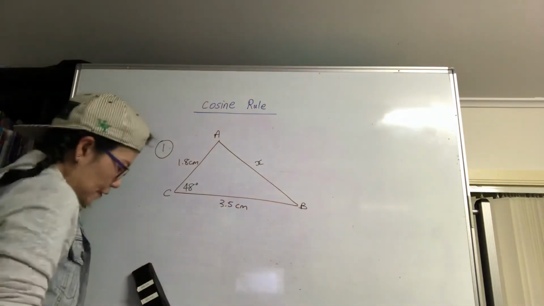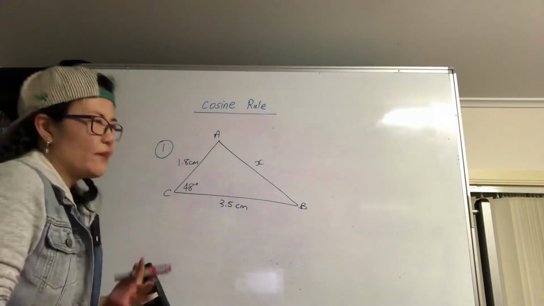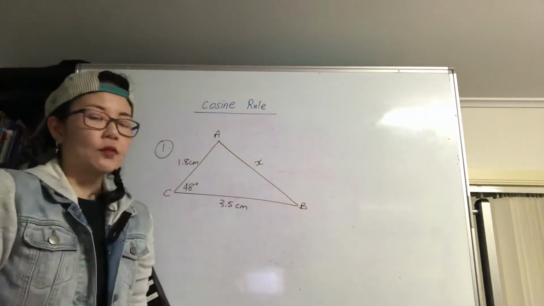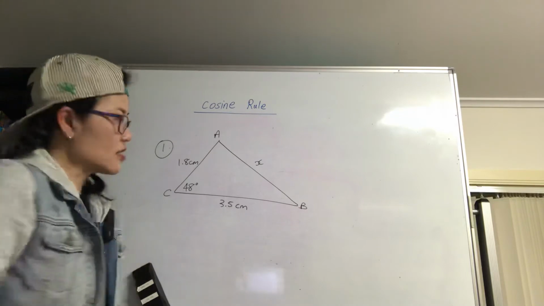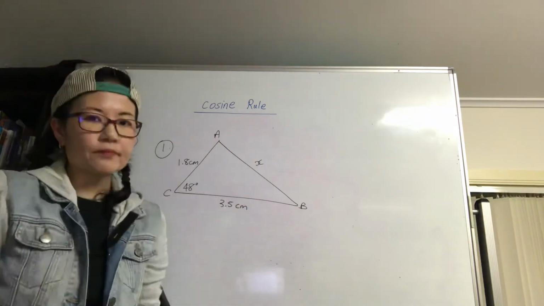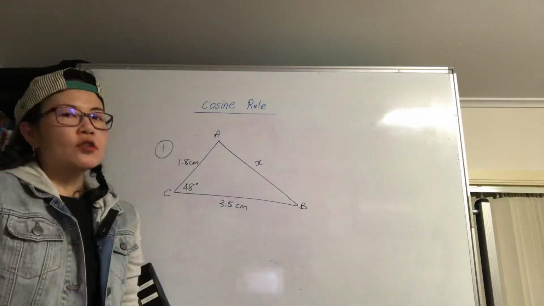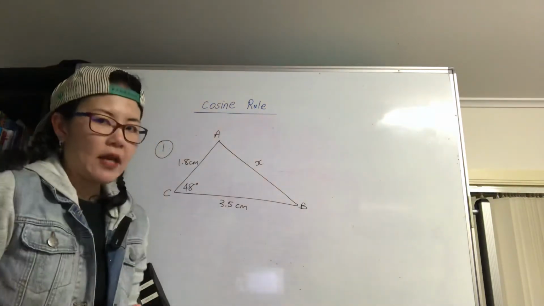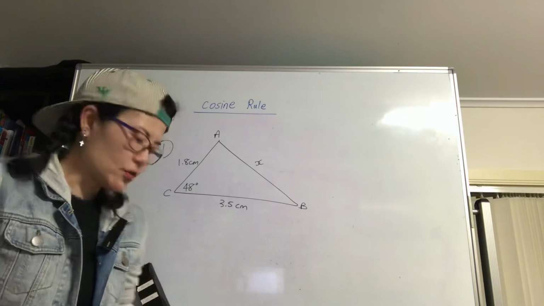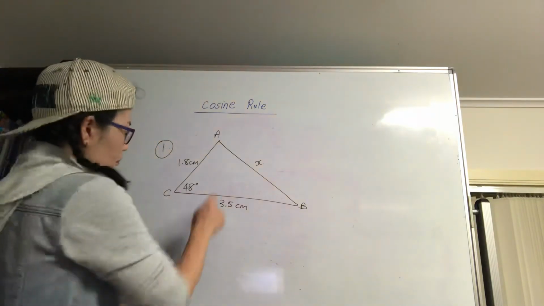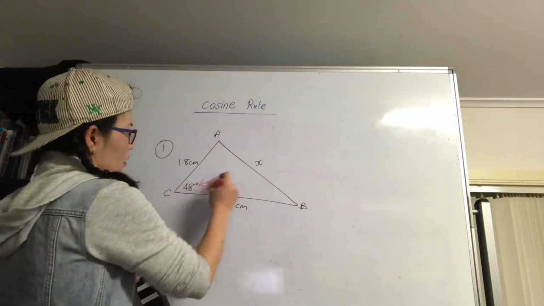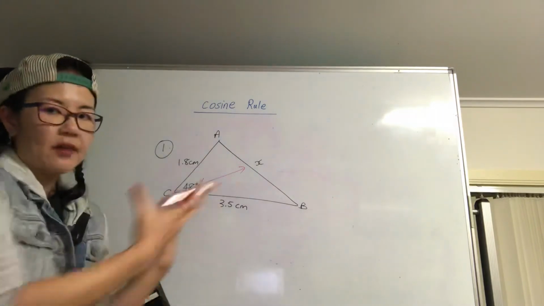Now first thing first, they're not going to say use the cosine rule or sine rule or anything. They're just going to say find the X value. So you might have to think, okay, do I use the sine rule or cosine rule? How do I know which one I need to use? Just test it. Do you know an opposite side and angle?